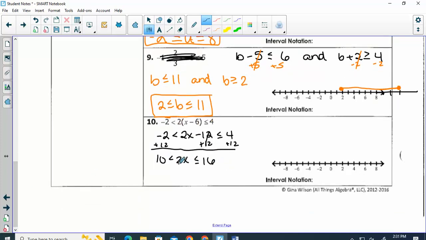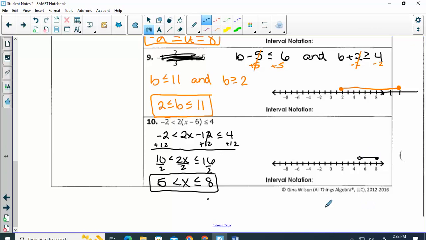And then, so 5 is less than x, less than or equal to 8. So on all of these problems, whether the original was written as 2 separate pieces or one piece altogether, I do want this one big inequality. That's your answer. So the graph, what would I do? I'm looking in between them.